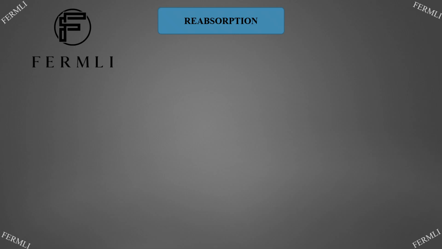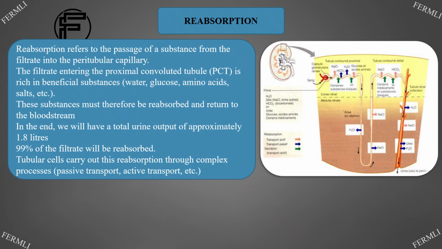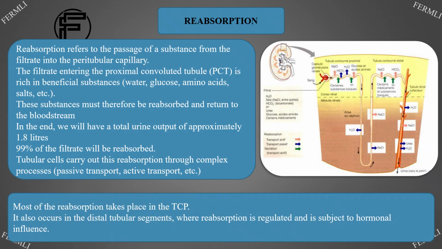Tubular cells carry out this reabsorption through complex processes, passive transport, active transport, etc. Most of the reabsorption takes place in the PCT. It also occurs in the distal tubular segments, where reabsorption is regulated and is subject to hormonal influence.